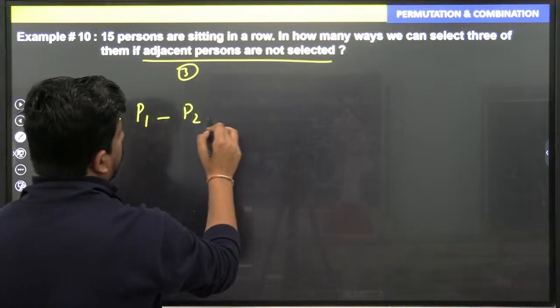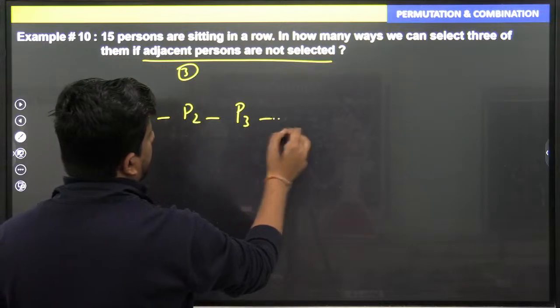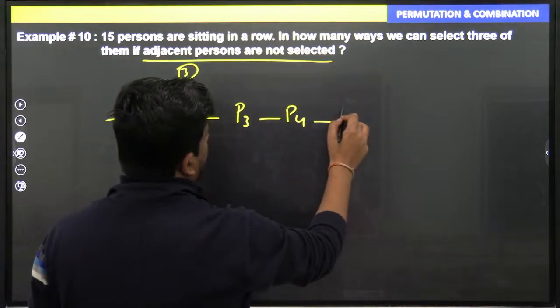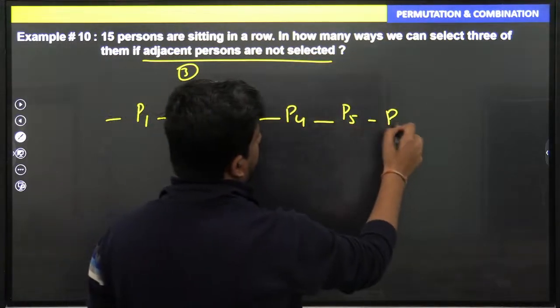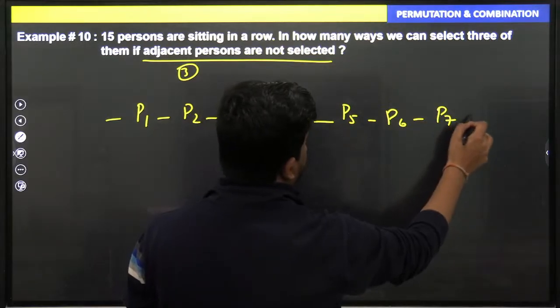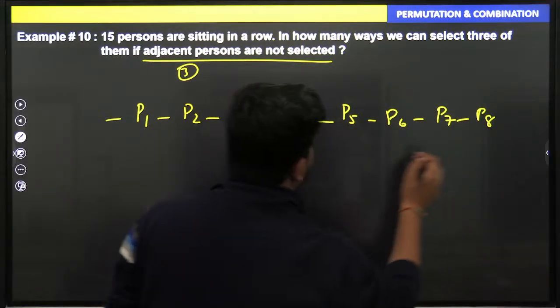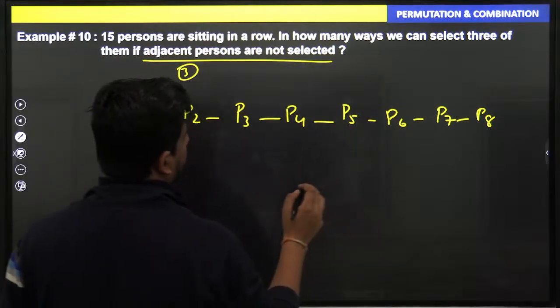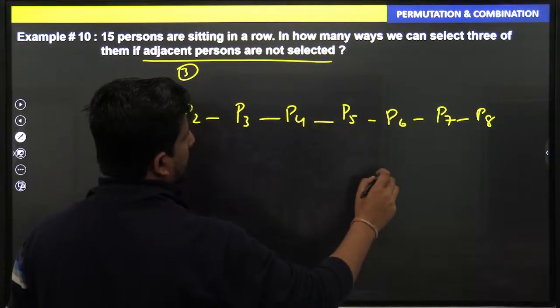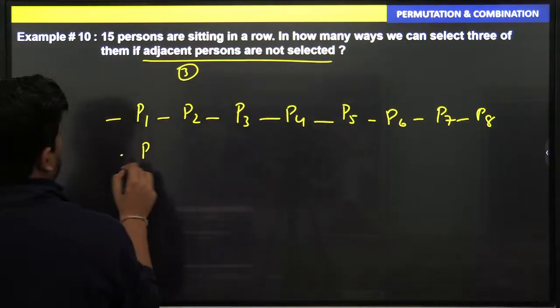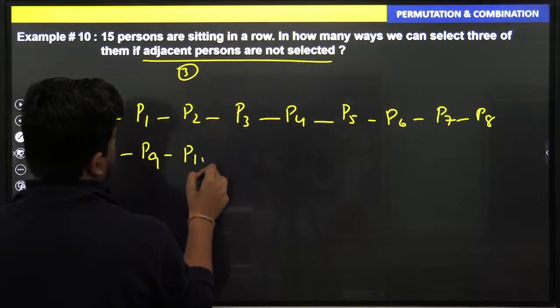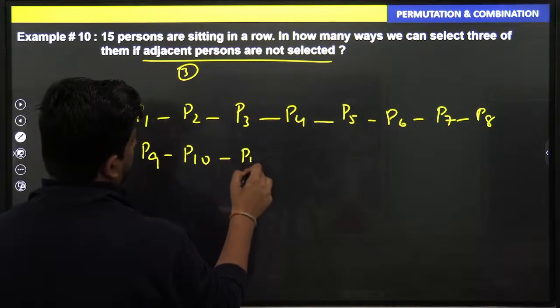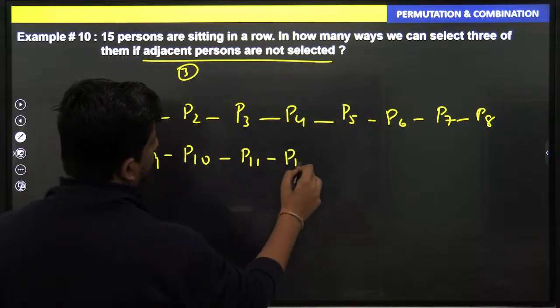So you have P1, P2, then P3, then P4, then P5, then P6, then P7, then P8, P9, P10, P11, P12.